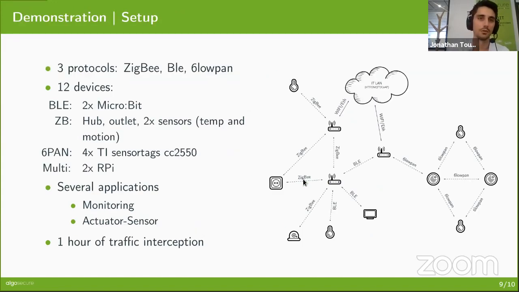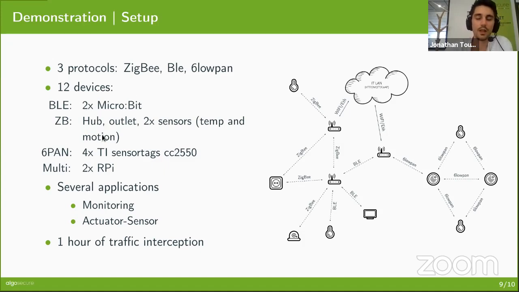Before doing a small demonstration, I will present the setup I use to make the demonstrations. We deploy a physical testbed with 3 different protocols: the ZigBee protocol, the BLE protocol, and the 6LoWPAN protocol. We deploy 12 different devices with different specificities.